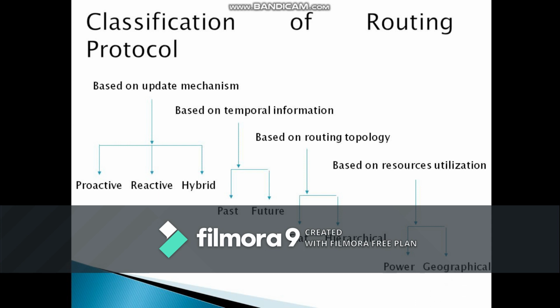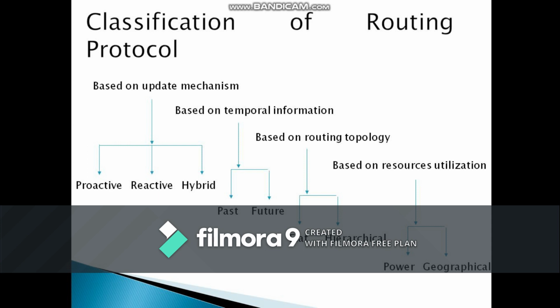The best example of a proactive routing protocol is GSR, Global State Routing, and of a reactive protocol is DSR, Dynamic Source Routing. For the hybrid type of routing protocol, ZRP, zone routing protocol, is the important protocol.